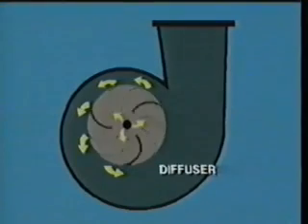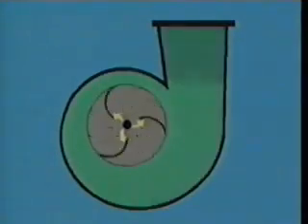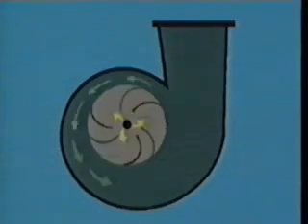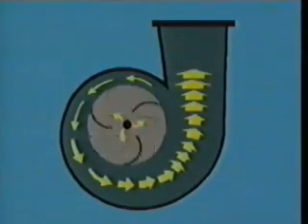As the gas leaves the outside edge of the impeller, it enters an area of the casing called a diffuser or volute. The diffuser is designed so that the flow area increases as the gas leaves the impeller. This increased area allows the gas to slow down or decrease in velocity.